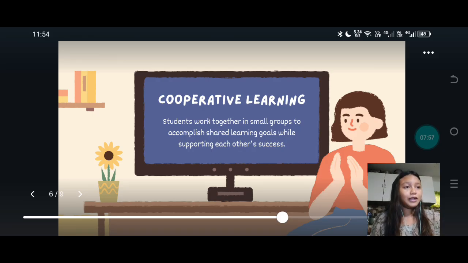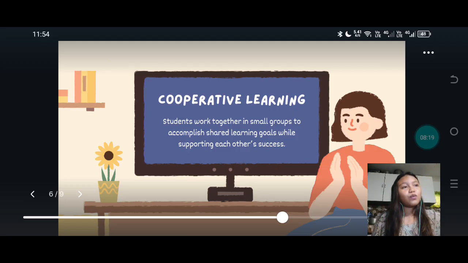For example, a group of 4 to 5 students or more analyze a story, and they're going to give different insights about the story and create a group presentation highlighting the key themes.